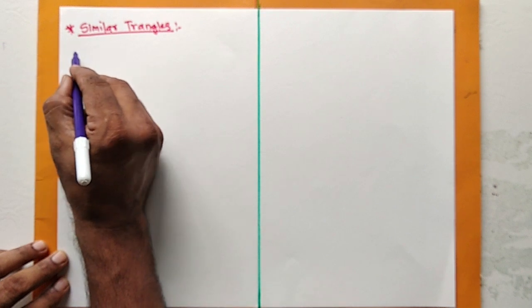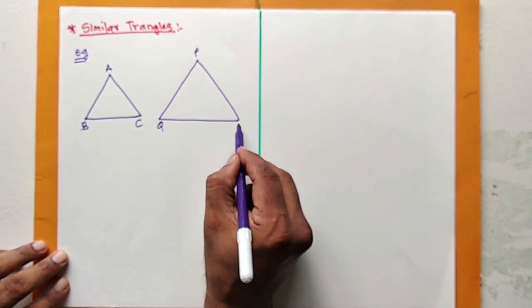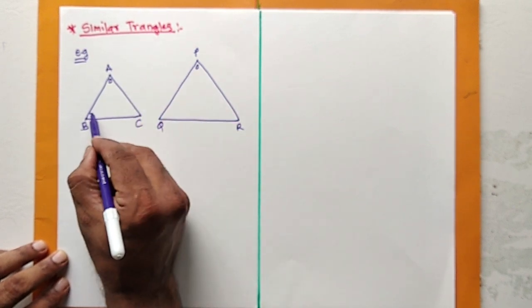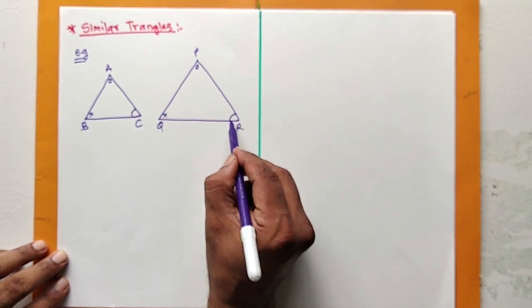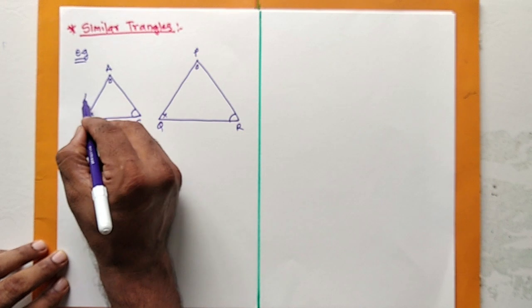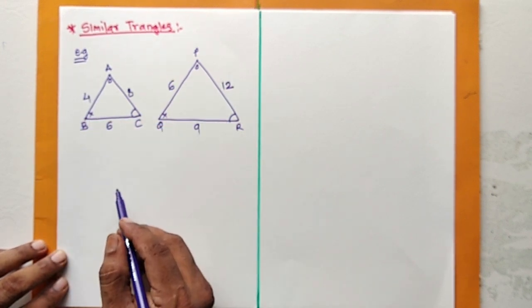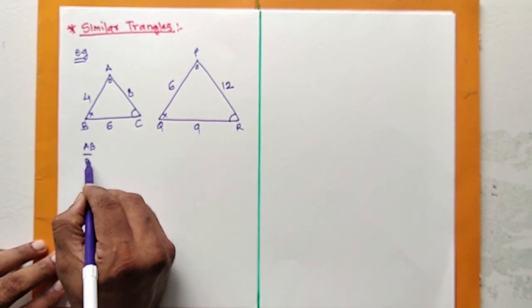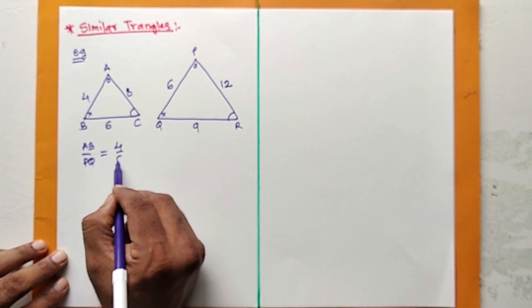For example, triangle ABC and triangle PQR, their corresponding angles are congruent. We show them with identical marks. Their corresponding sides: see the ratio of corresponding sides, AB upon PQ is equal to 4 upon 6.